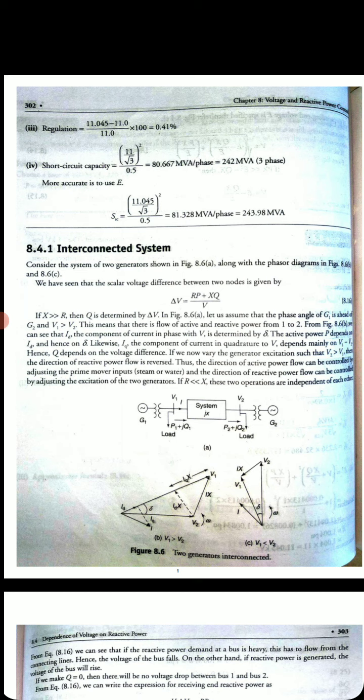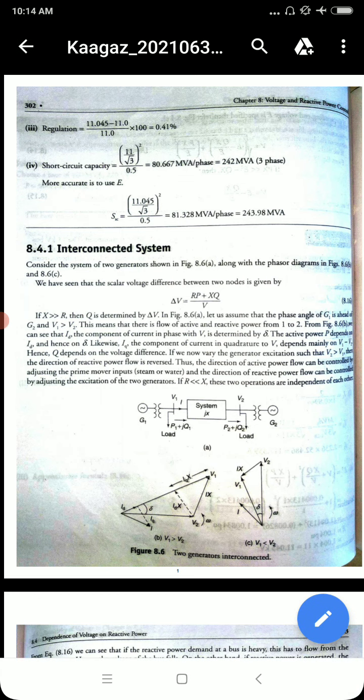let us assume that the phase angle of the G1 is ahead of G2 and V1 is greater than V2. This means that there is flow of active and reactive power from the system 1 to 2, or from the unit 1 to 2. From the figure 8.6b, we can see that ID, the component of the current which is in phase with V, that is called direct axis current, is determined by delta, and the active power P depends on ID.